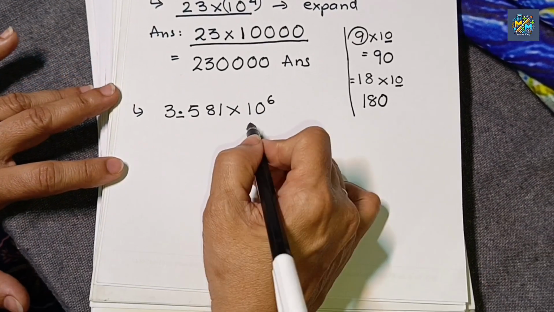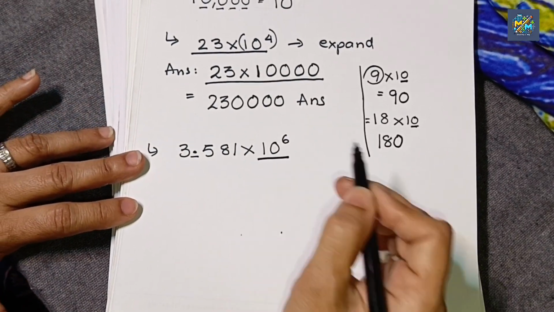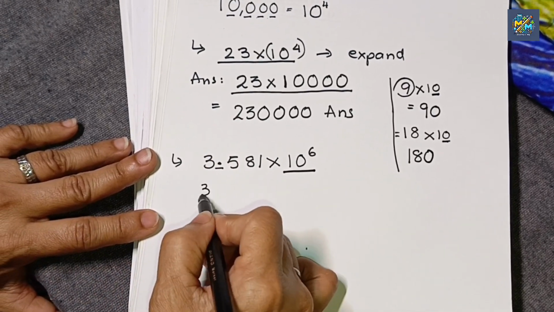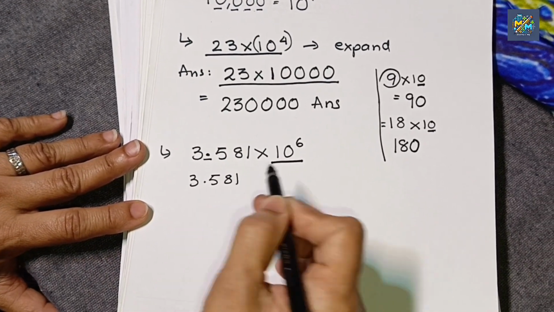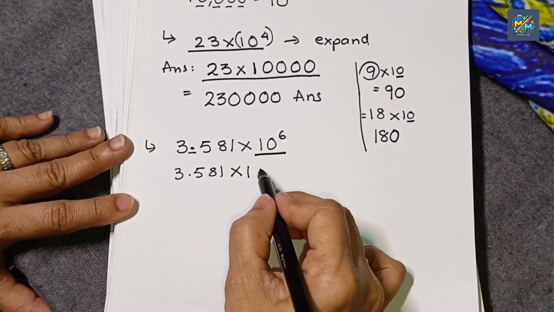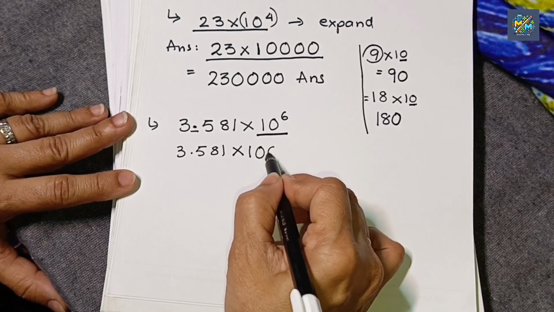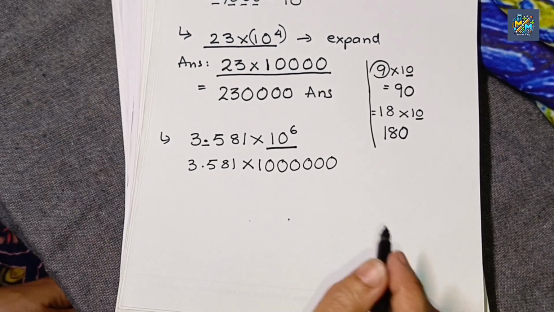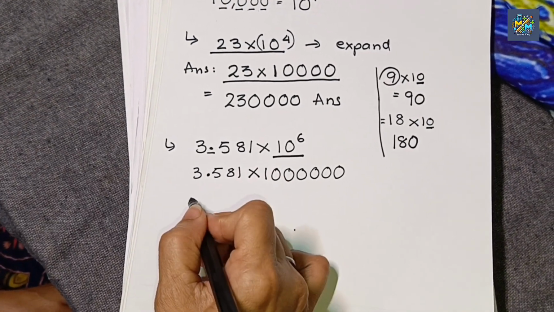First I am going to expand this 10 raised to 6 and write 3.581 as it is multiplied by, how many zeros? 1, 2, 3, 4, 5 and 6.